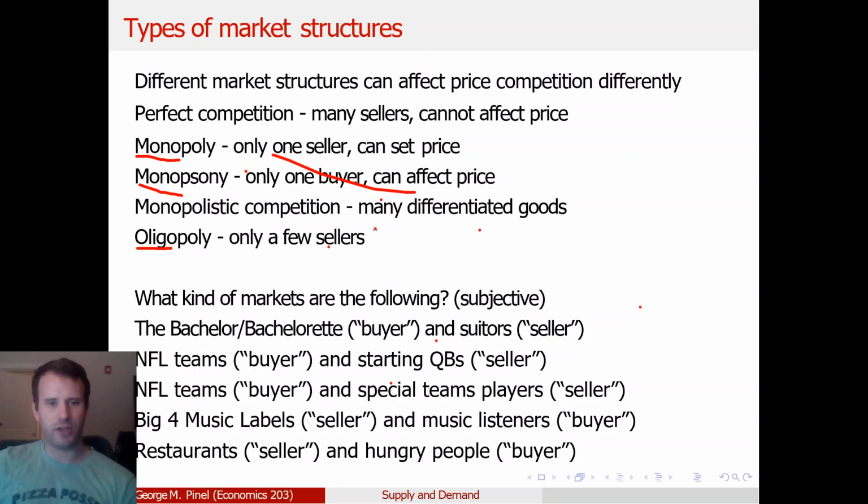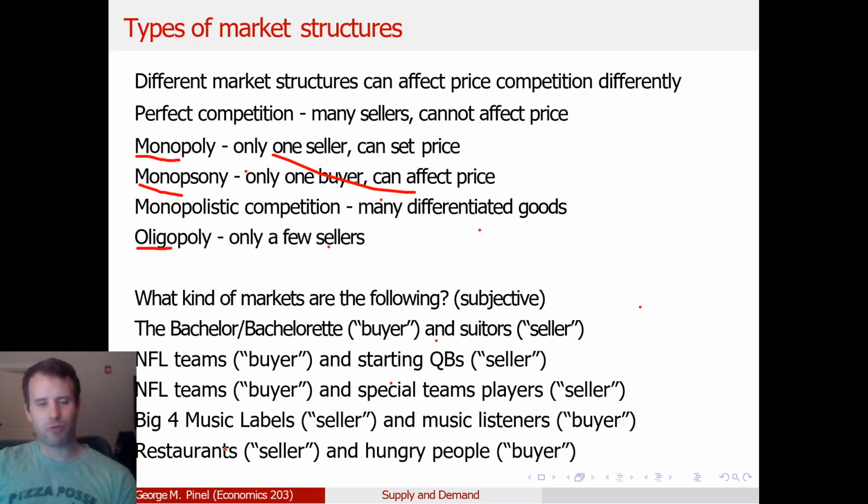If I'm looking at restaurants, but I'm specifying I only want restaurants within a 3 block radius, then it probably becomes more oligopolistic because there's probably only a few of them.